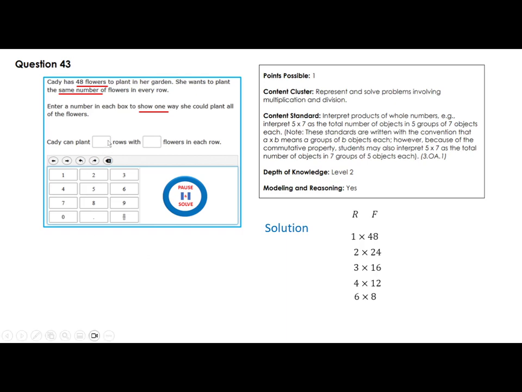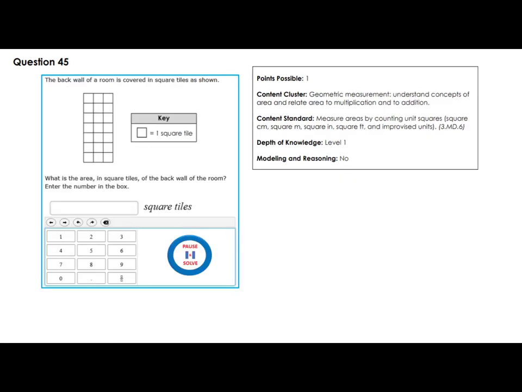So you can have 6, 8, or 8, 6, it doesn't matter. So you have a whole bunch of possibilities, okay? The answer is good.